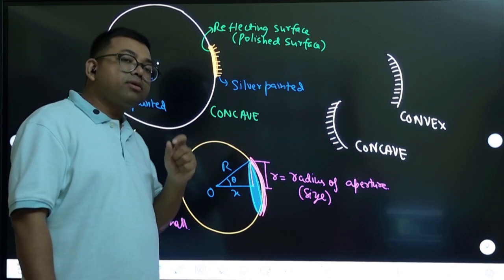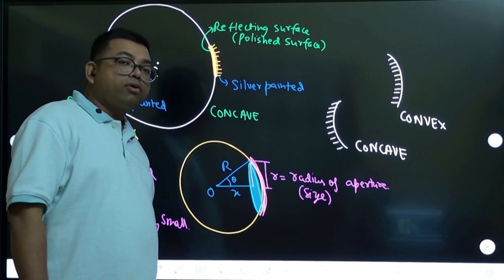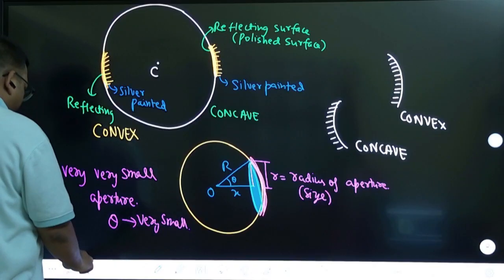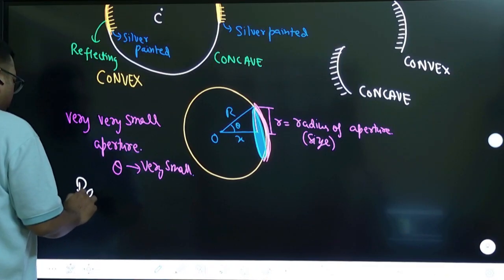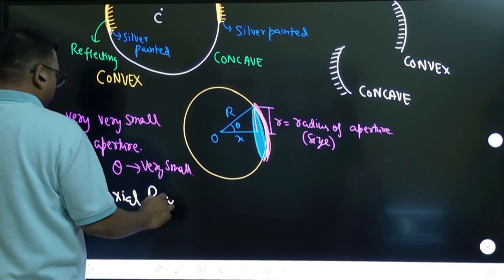Now when the segment of the mirror is very small, the rays falling on it have to be considered paraxial. So we are going to take paraxial rays only.